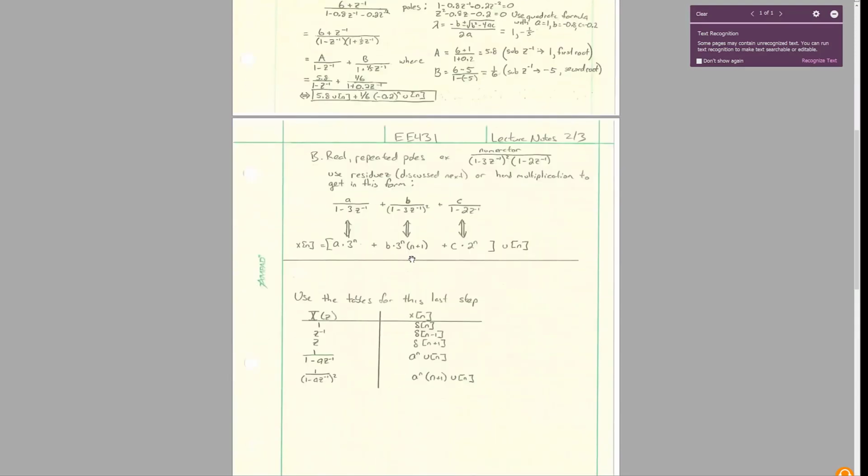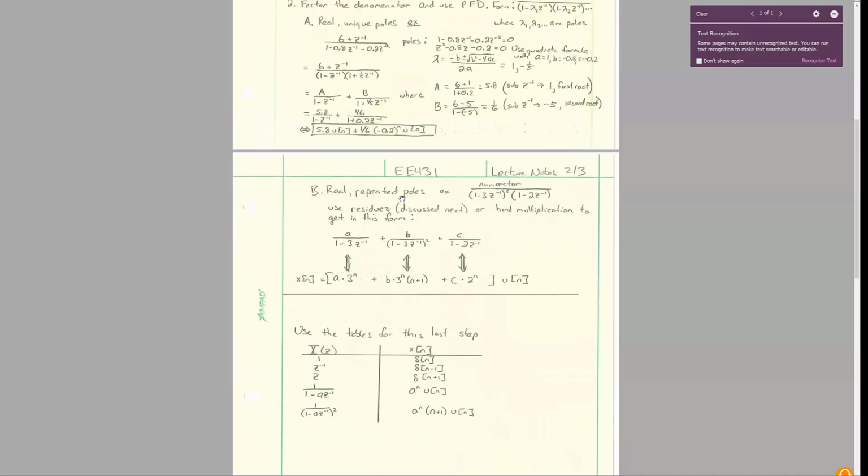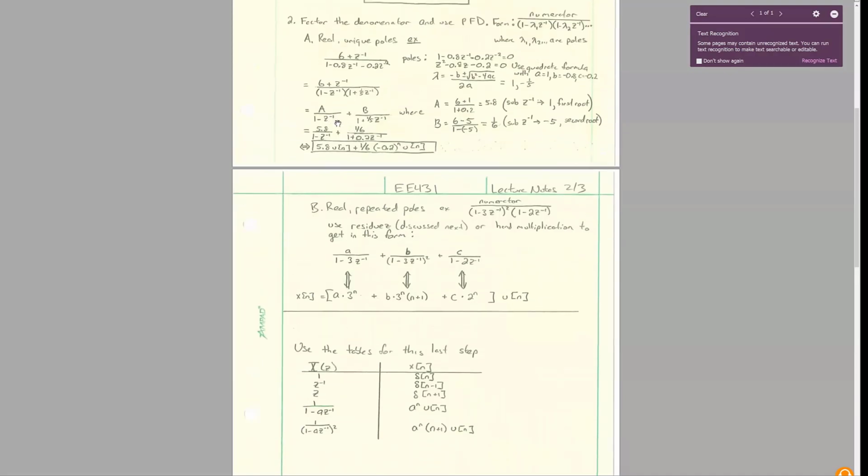Your text does cover how to handle the complex poles, but I'm not going to test it, and you're not going to see it on the FE, and you're not going to see it even if you take your doctoral qualifying exams, unless you take it in digital signal processing. So this is fine.